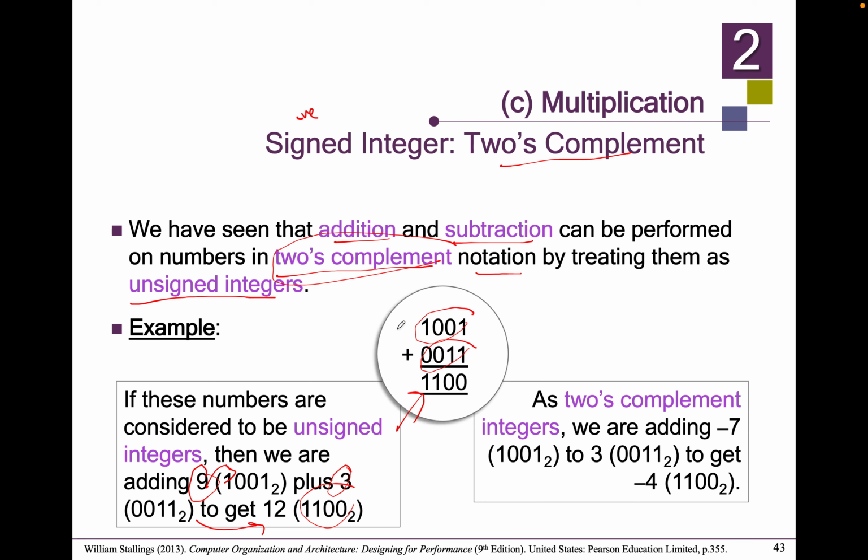So this is a positive number and this is unsigned. But as a two's complement integer, we are adding minus 7, which is this part, to 0011 to get minus 4. How do we get minus 7?